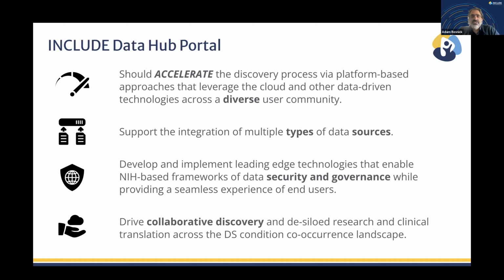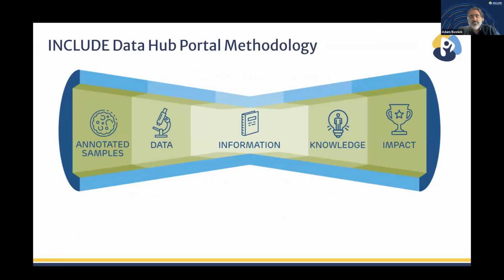As Joaquin mentioned, no single study or single institution will be able to accomplish the mission of INCLUDE, and in order to support that collaborative framework, we are implementing and deploying tools and resources for that as part of the data hub that you'll see.